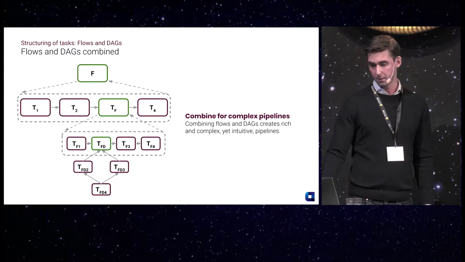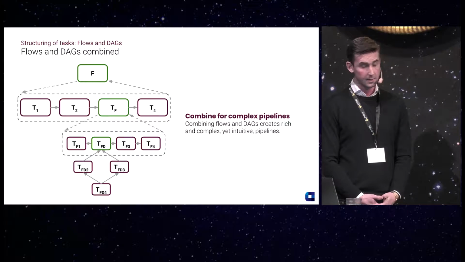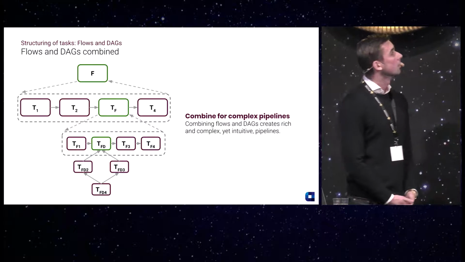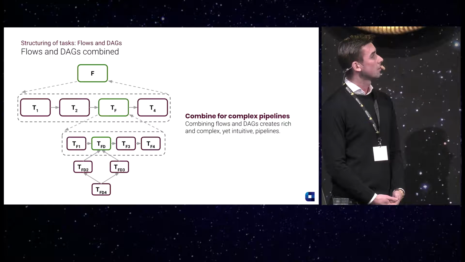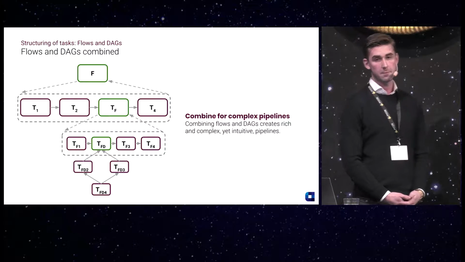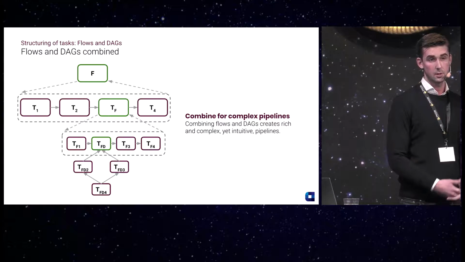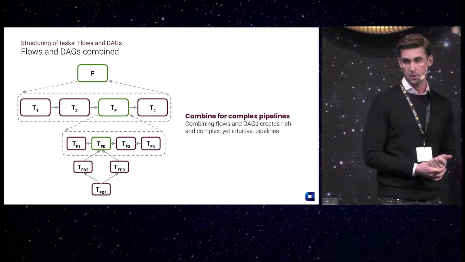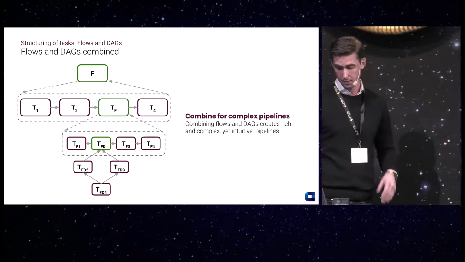And you can combine them further, and it can look like this: you have an overall flow which executes T1 through T4. Then you have another flow, and in that flow you have a DAG. And if you press execute on F, everything will be executed in the correct order. So you don't have to think about the dependency management here. Or rather, your code does it for you.